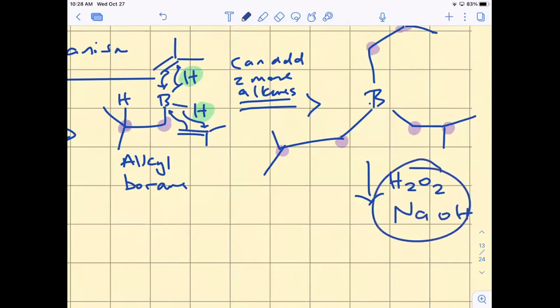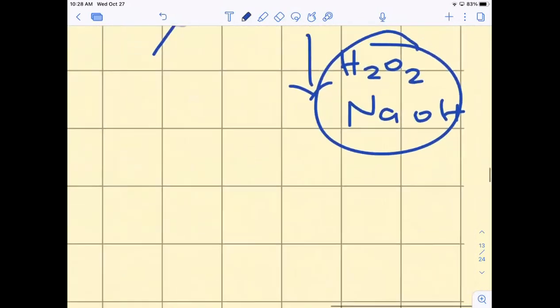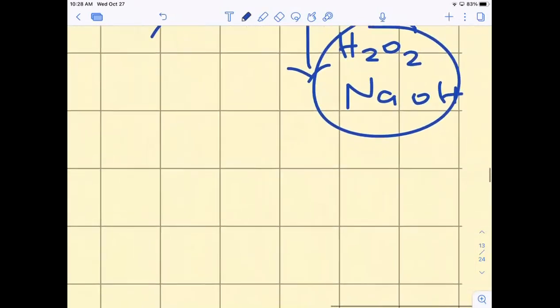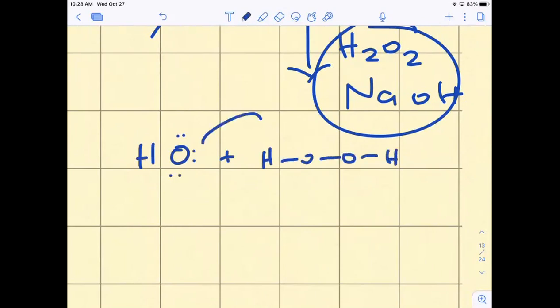Right, so this part right here, when I take those 2 and add them together, well, let me just show you. The sodium hydroxide is a base, right? And that's going to react with the peroxide, which is H2O2. So I'm going to do this.